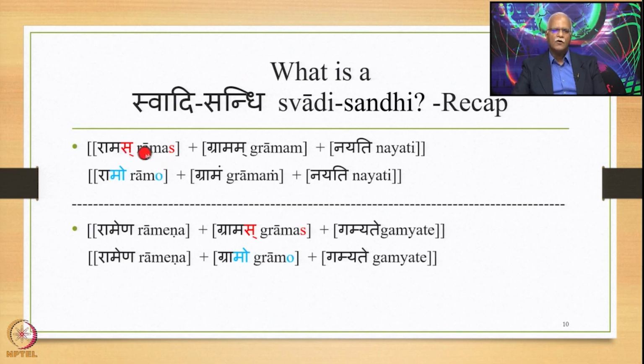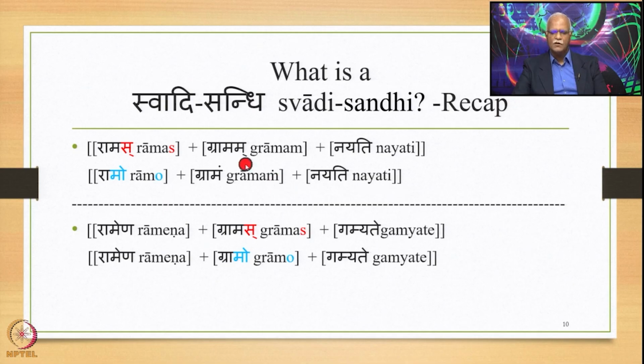Now they come into contact with each other, and in the environment of this g which follows, this s is substituted by some element, notably ru first, then it is substituted by u, and then a plus u becomes o, and so you have Ramo Gramam Nayati as the finally derived form of the sentence.